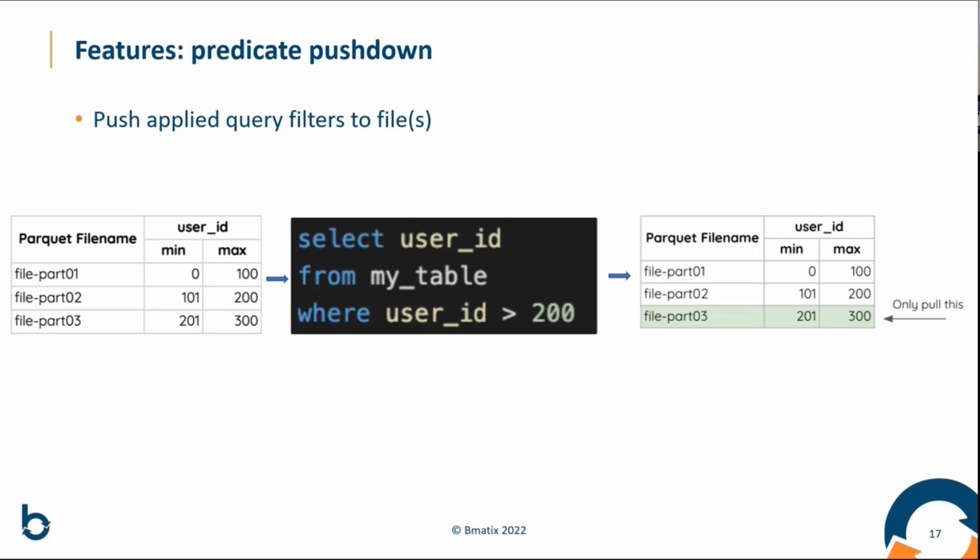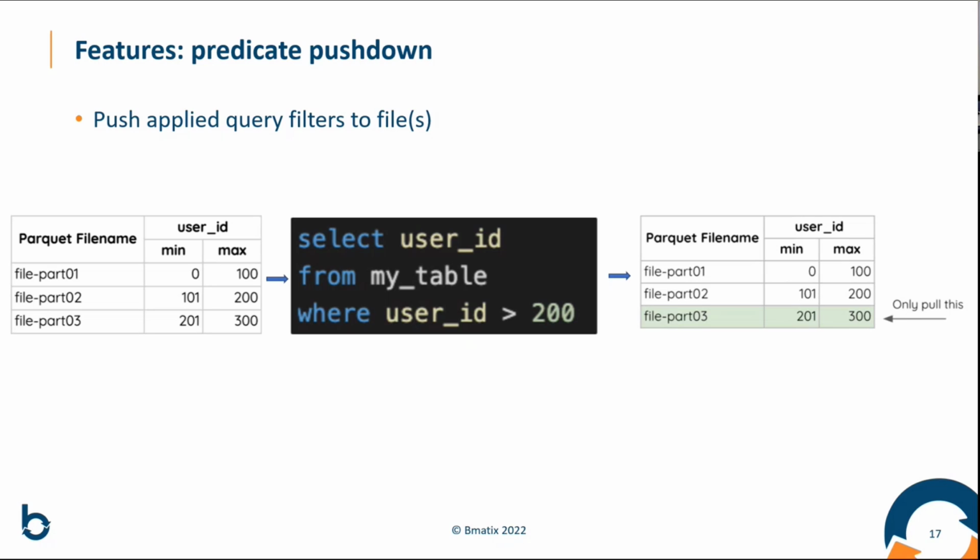and will be able to push this predicate, or this filter in this case, down to the file and only read the rows from file part 3, because looking at the metadata, it sees that the minimum value is 201 and the maximum value is 300. So the rows in this file will satisfy the query. And rows in file 1 and file 2 obviously won't, because these have user IDs that are 200 or smaller.